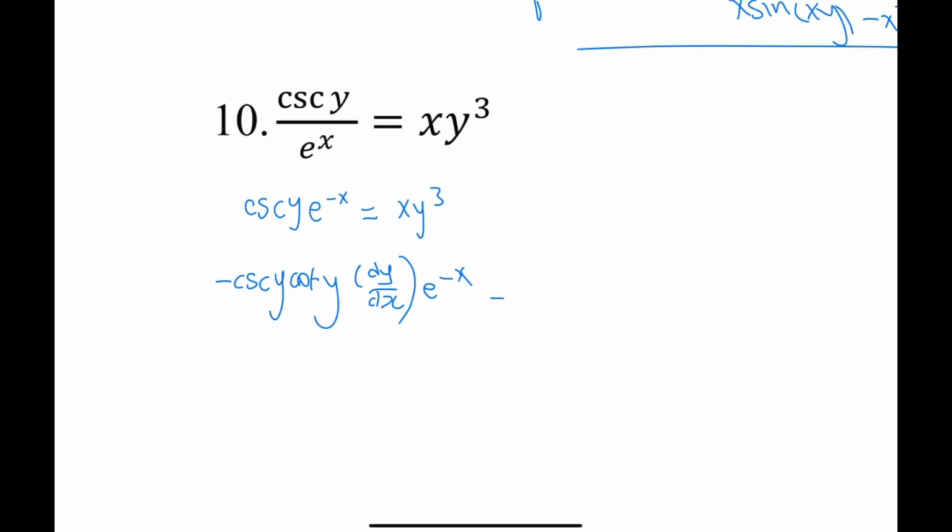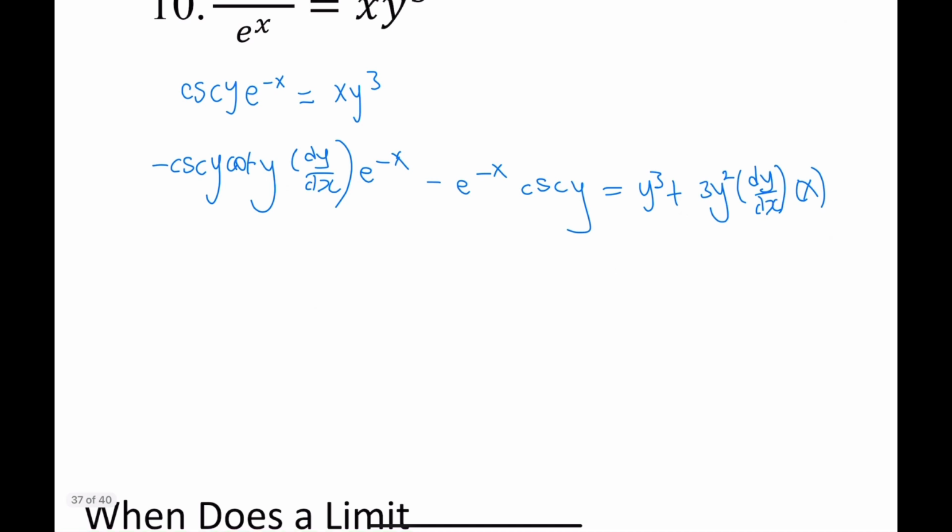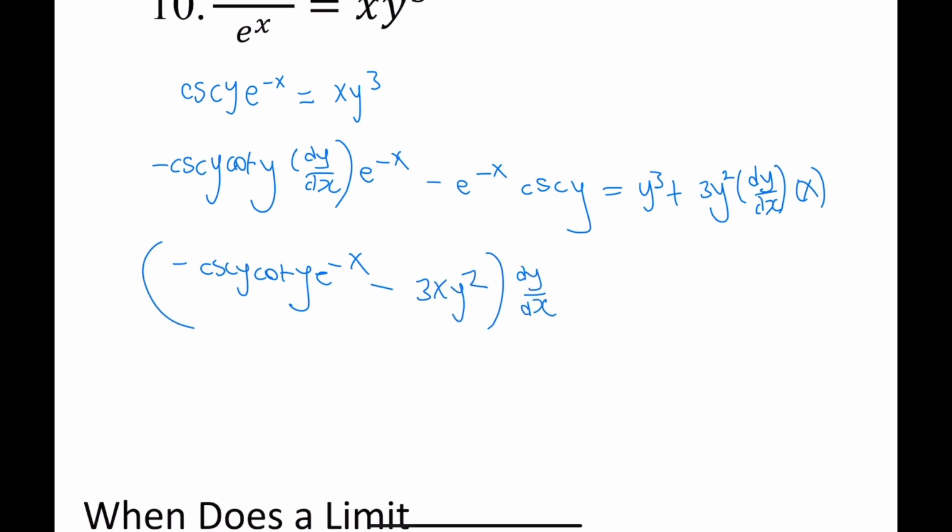So this will be negative e to the negative x times cosecant y equals y to the third plus 3y squared dy/dx times x, right? Okay, so negative cosecant y cotangent y e to the negative x, and then minus 3xy squared, this whole thing, and then dy/dx factored out is equal to y to the third power plus e to the negative x cosecant y.